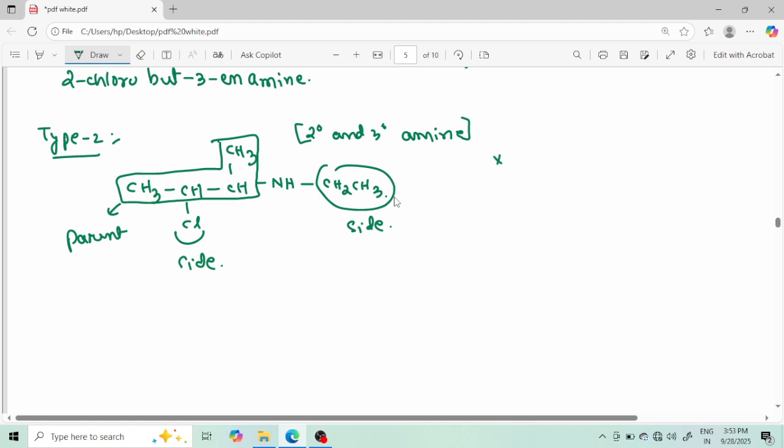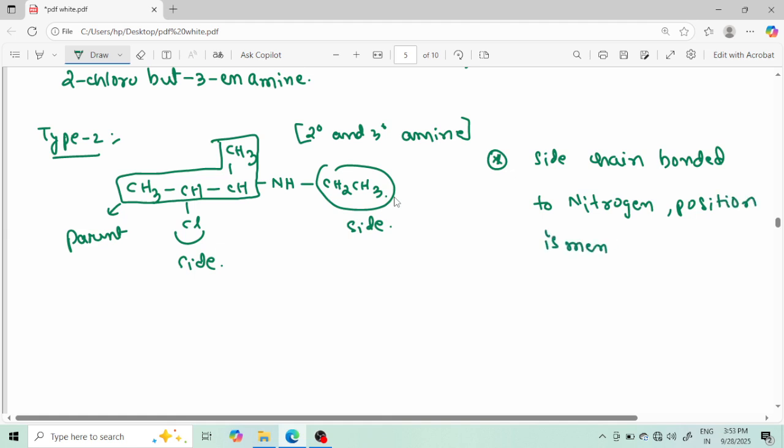So always remember, a side chain bonded to nitrogen, its position is mentioned by capital N.